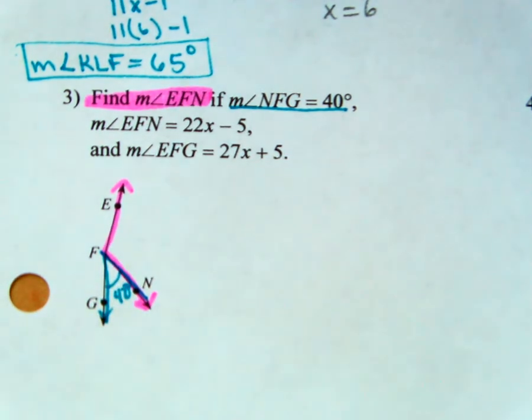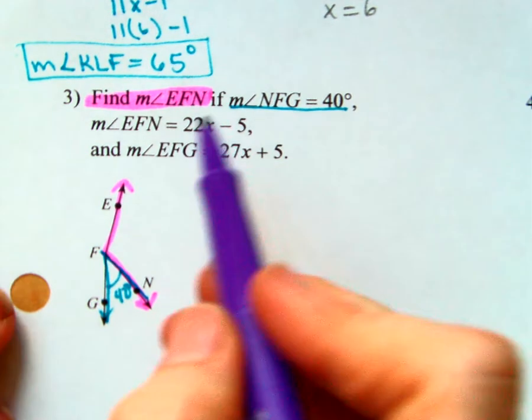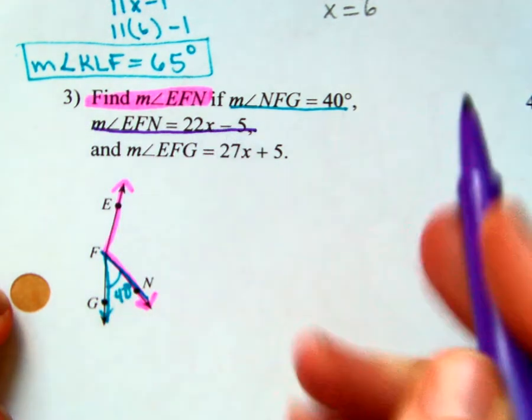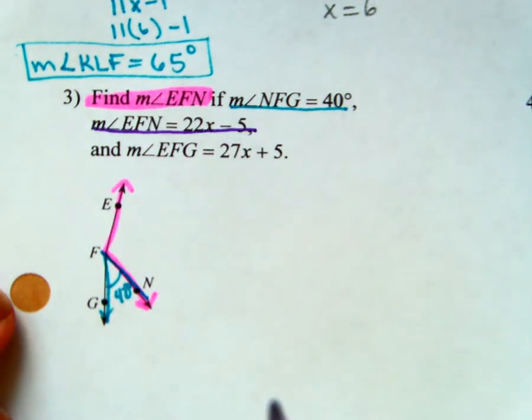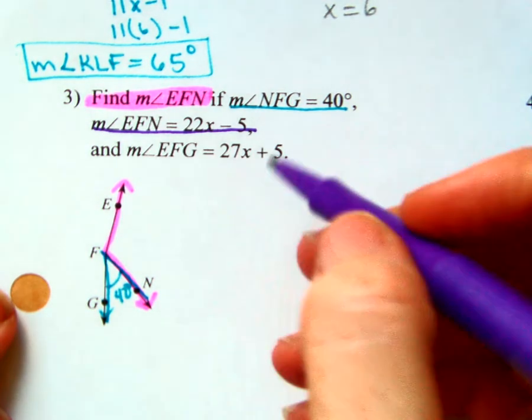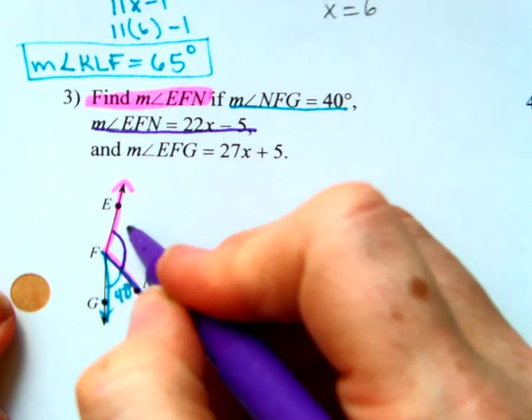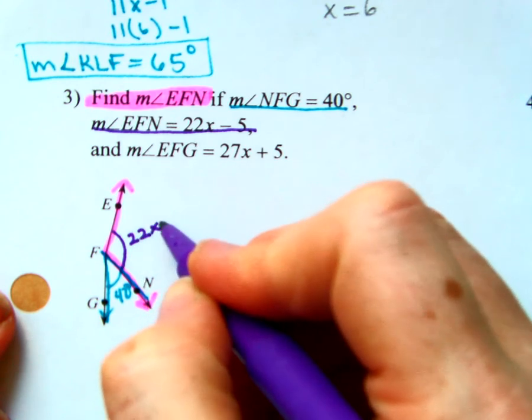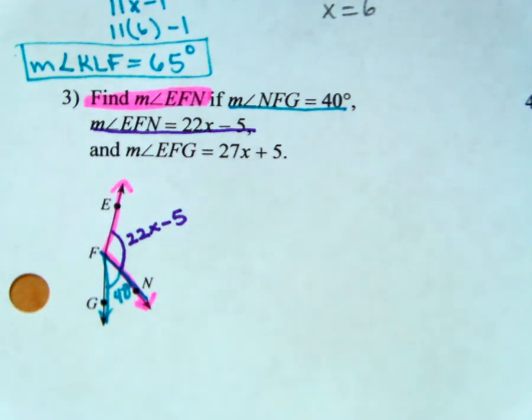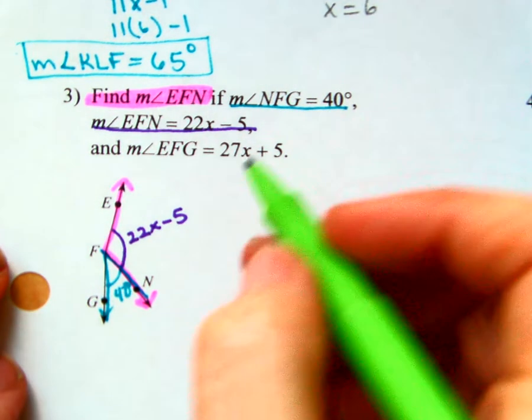And then I know that EFN is 22x minus 5. So EFN, that would be this part right here, is 22x minus 5. And it's so important to label, guys. The minute you don't label, you will potentially set up your equation wrong.